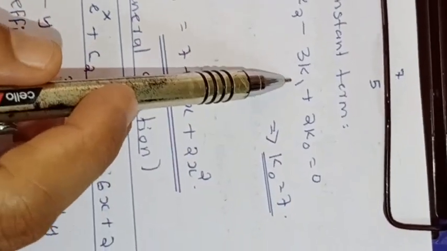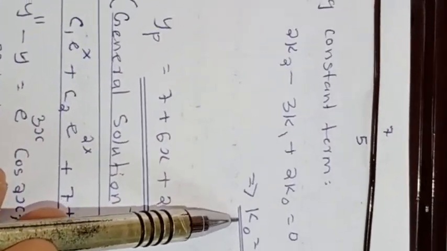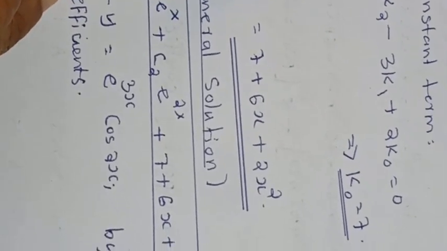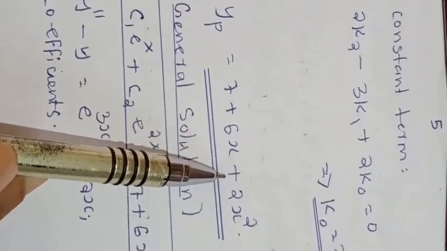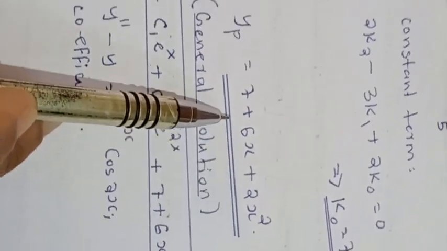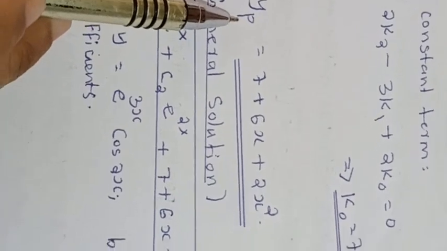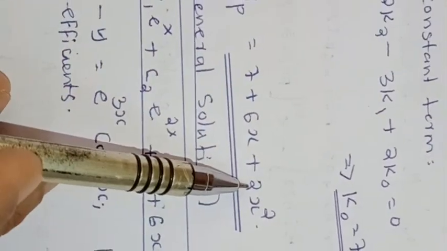Substitute the values of k1 and k2 we already obtained. Now k0 is equal to 7. Therefore, we assumed yp as k0 plus k1x plus k2x square. On substituting k0, k1 and k2, the final yp will be 7 plus 6x plus 2x square.